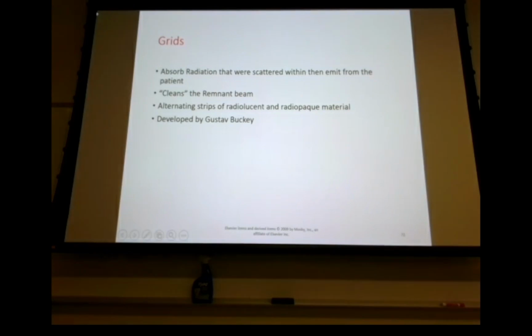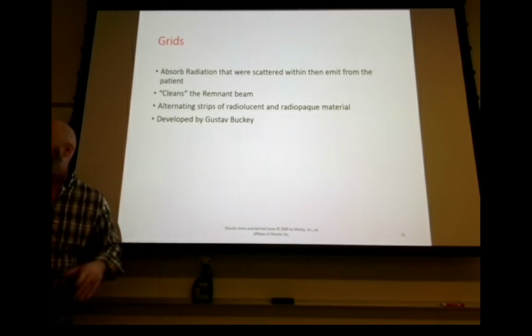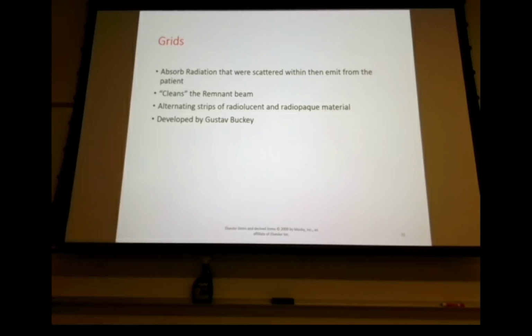as well. So what grids are is a set of lead strips that should stand parallel to the travel of the X-ray beam, grid strips, all right?